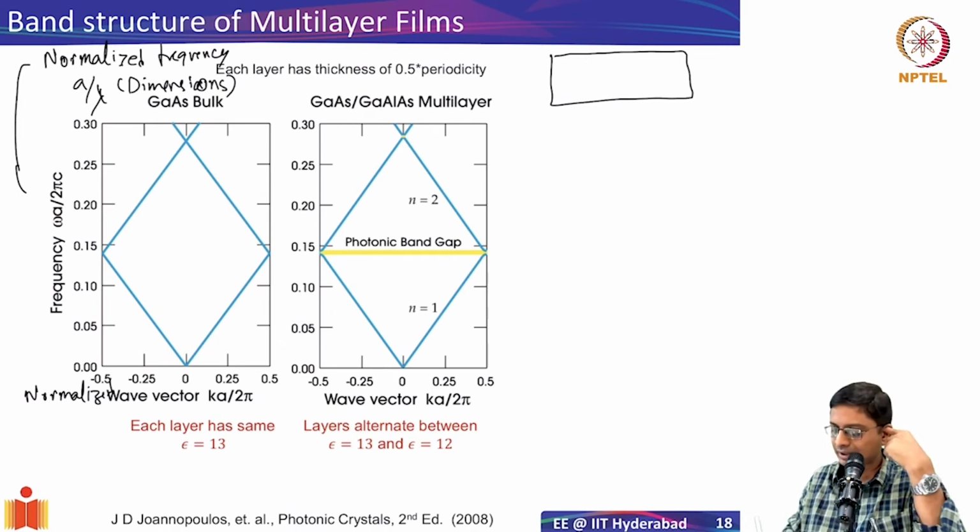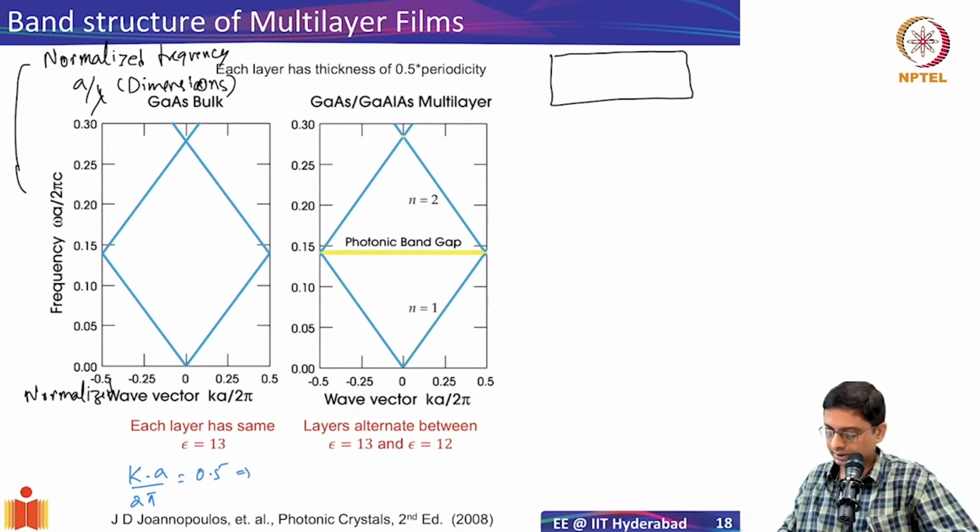In this case, K, if I say that K a by 2 pi equal to 0.5, that implies K will be equal to pi by a.